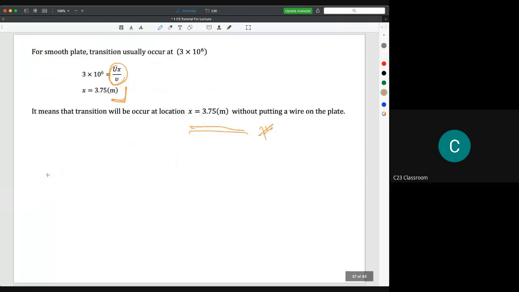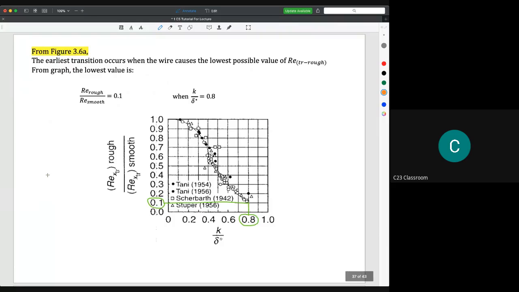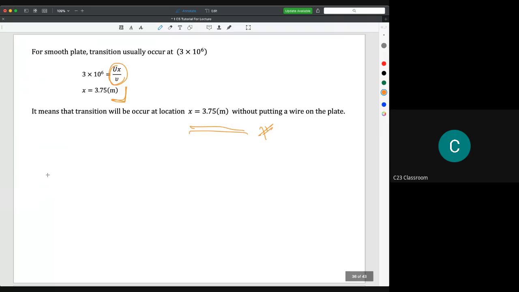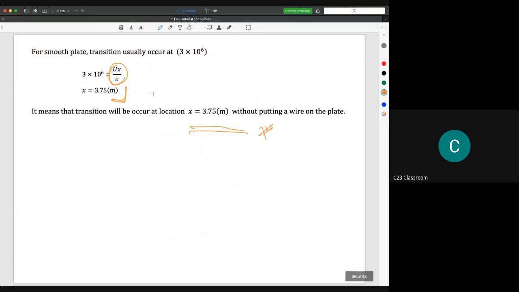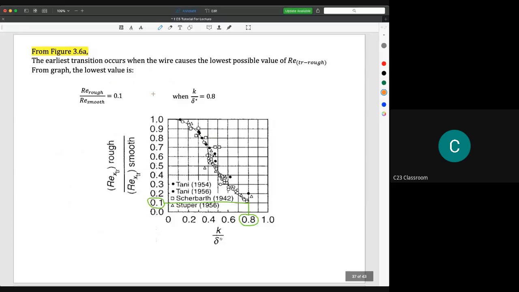To solve this one, okay, we go back to this figure. I enlarge the figure like this one. Because we want to get the earliest value, we need to get the lowest ratio of Reynolds number for rough and Reynolds number of smooth.